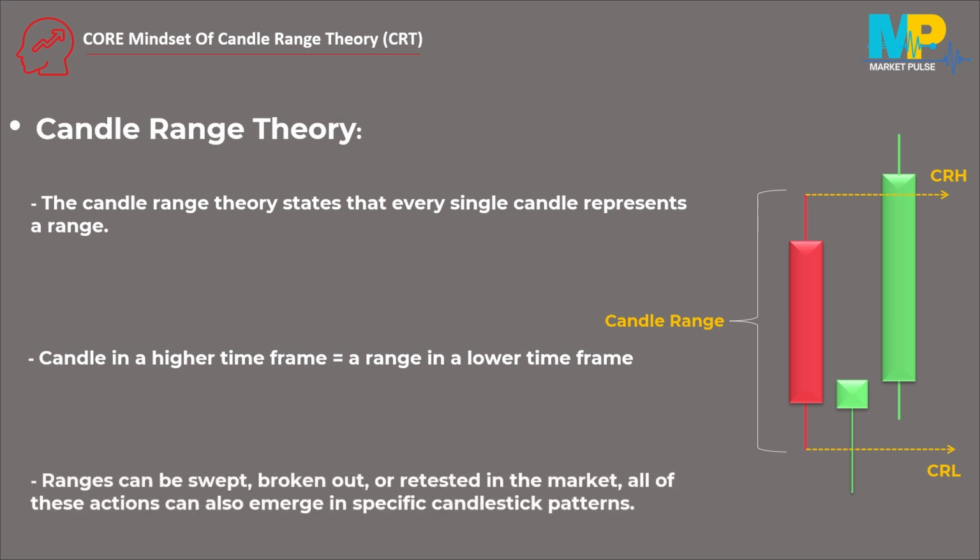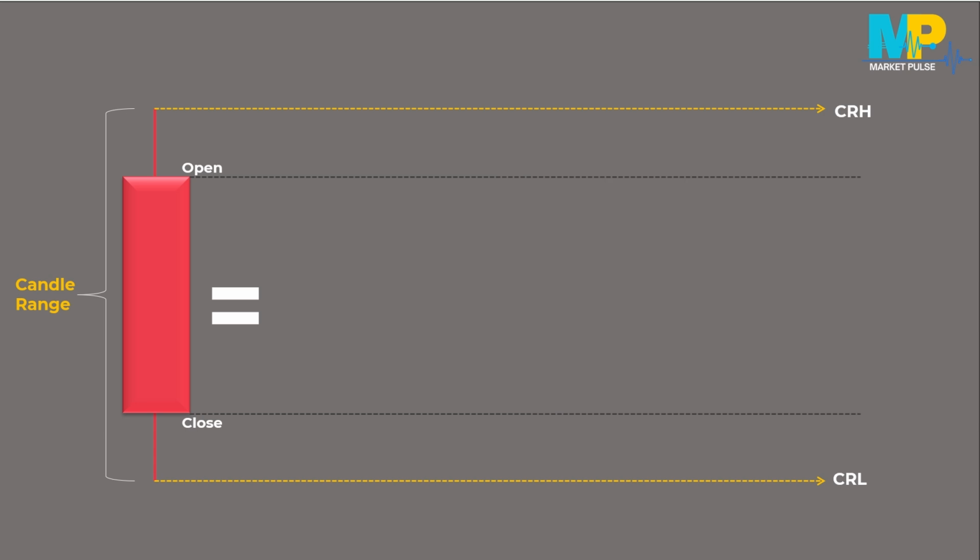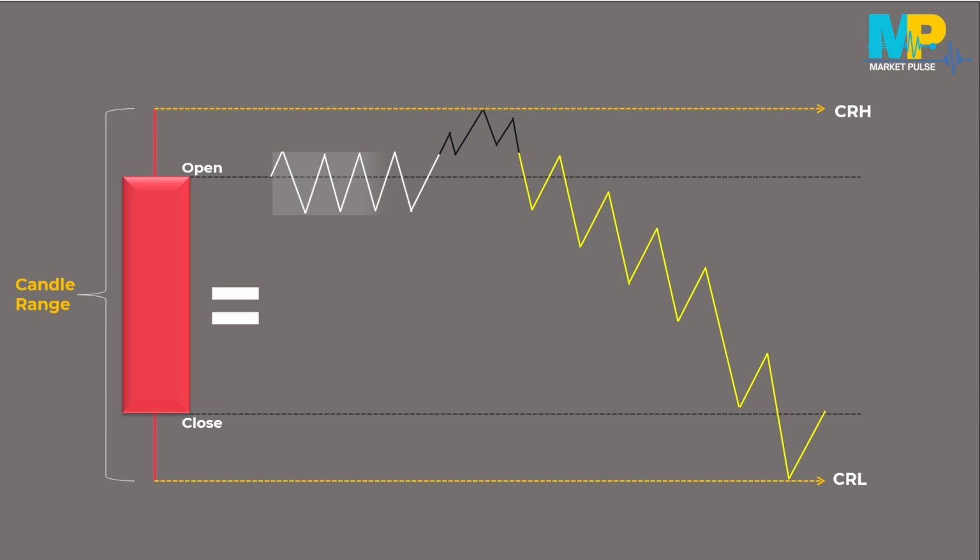Since ranges can be swept, broken out, or retested in the market, all of these actions can also emerge in candlestick patterns. Every candle has a high and a low, which means that on the lower time frame, a range is formed between the candle's highest and lowest points.